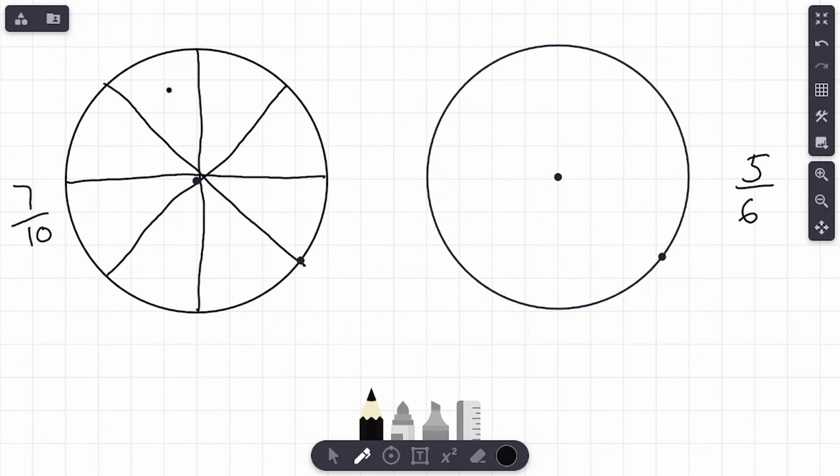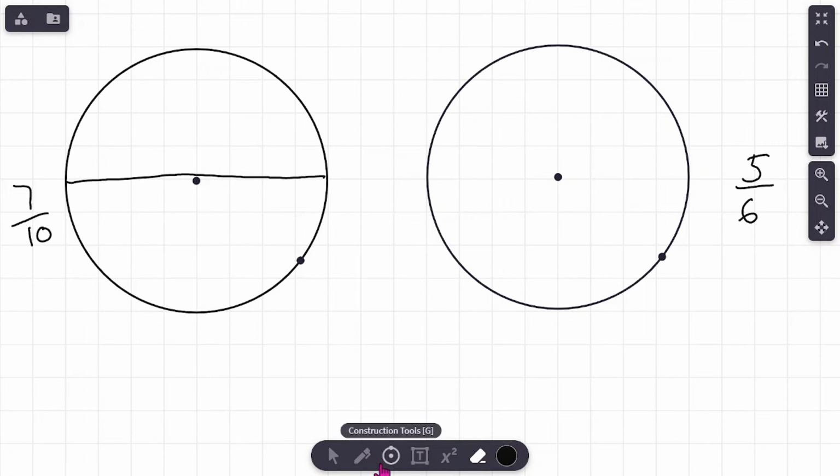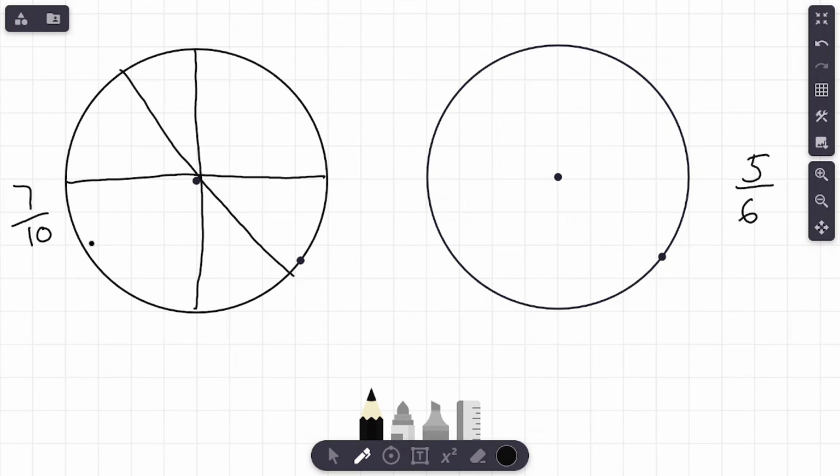Oh man, this is always the most challenging. I think I'm going to have to restart on mine. Sorry guys. Drawing it on the circle model is the toughest one for me, so stick with me. There we go. 1, 2, 3, 4. Still not great.